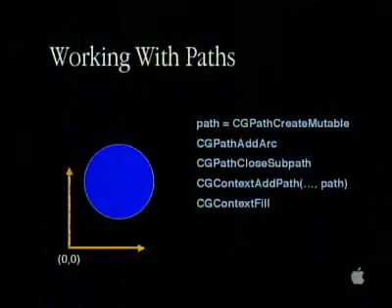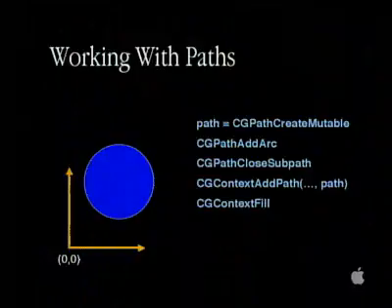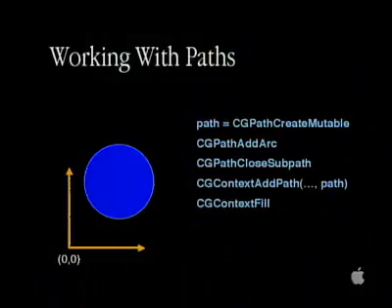So, another example of working with paths, excuse me just a second. Here I'm going to create a path which is a circle, because maybe I love circles. I want to draw thousands of circles or something. So in this case, I create a path. CG path create mutable starts me off.